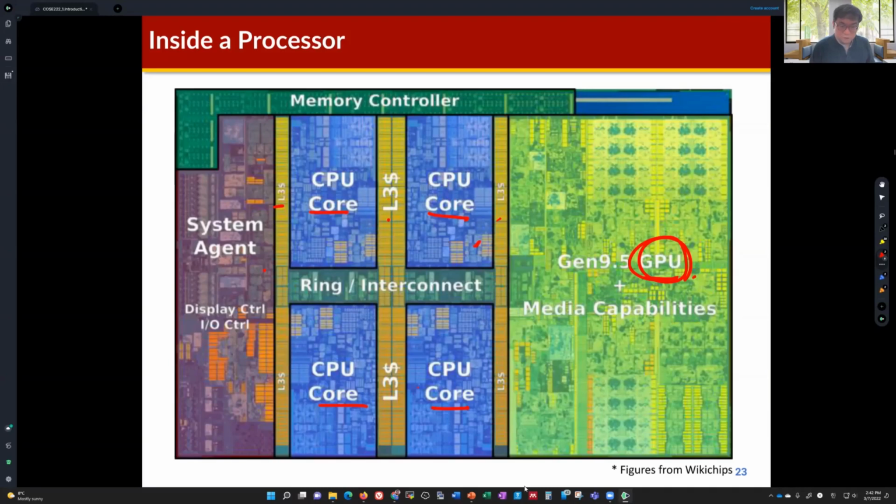Also, these CPUs are connected via an interconnection bus, and level 3 caches are shared caches. Level 3 cache is shared by these 4 cores. So this is the information from this photo.